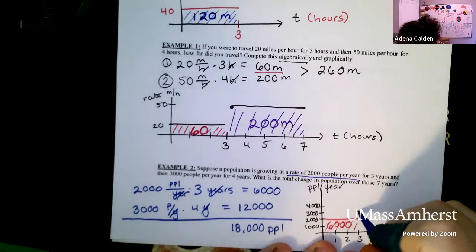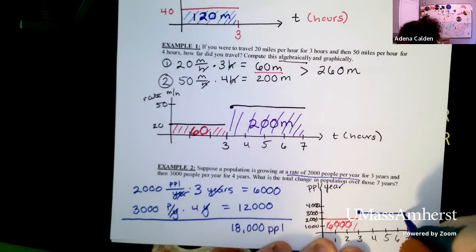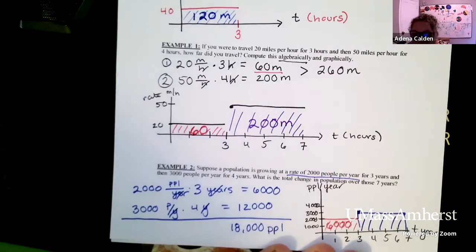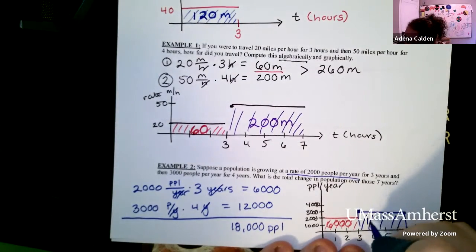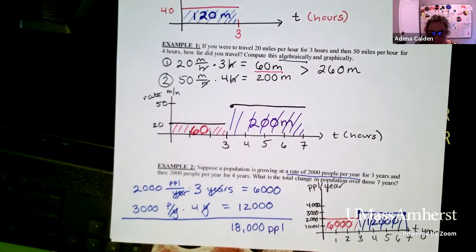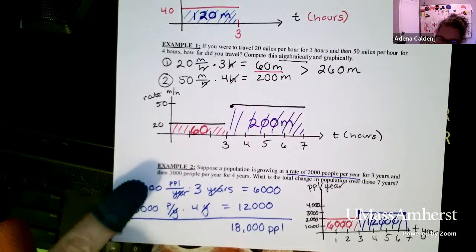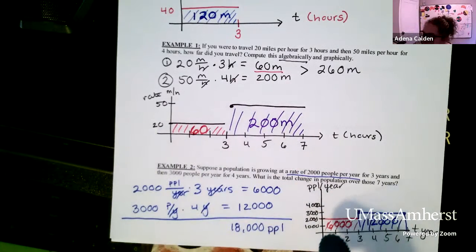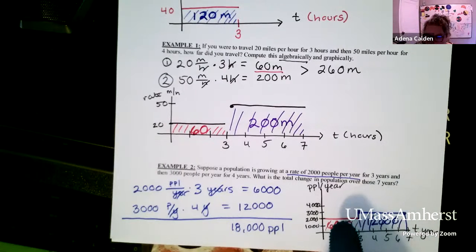So that's up here a little bit higher. And for that time period, we grow by 12,000 people. Okay, so we're able to take this algebraic calculation and find the same information on the graph.